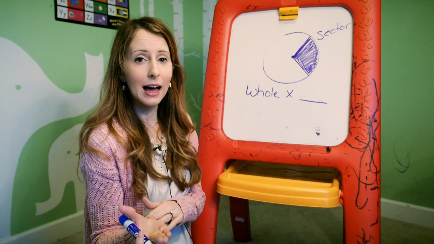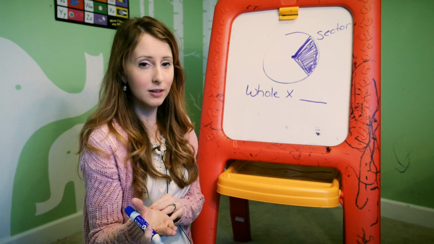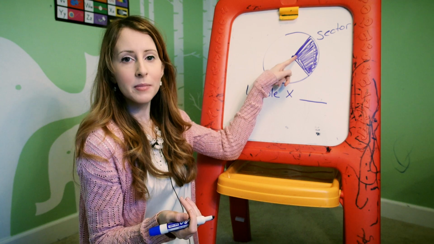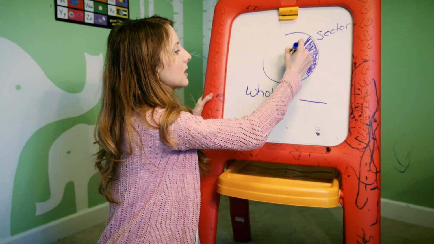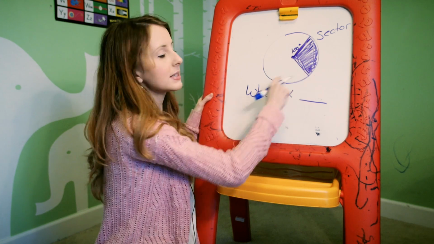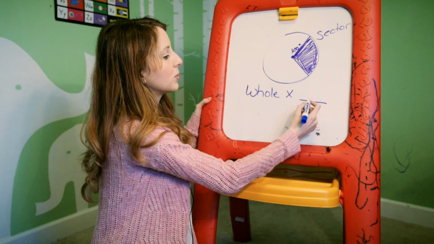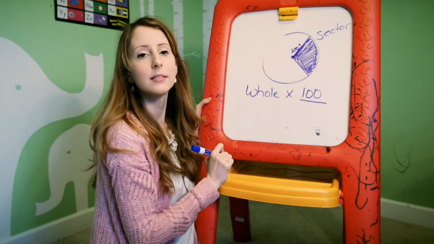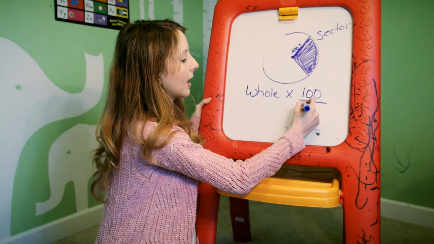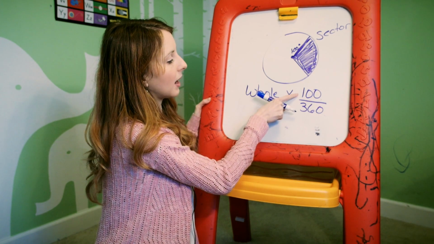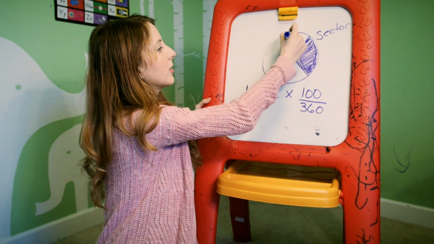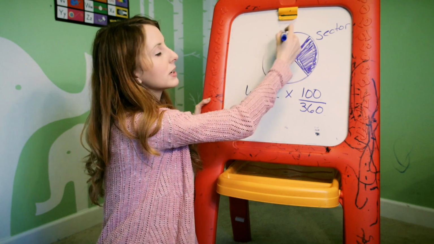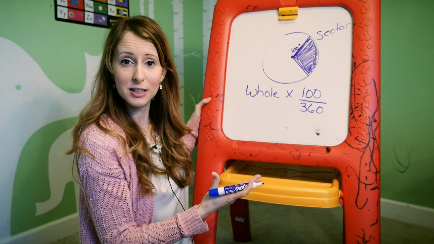You'll find that particular fraction by the degree measure of the angle. So again, if I go back to this one and I say it was a 100-degree central angle, it would be 100 degrees out of 360, because you know that the degree measure around an entire circle is 360 degrees.